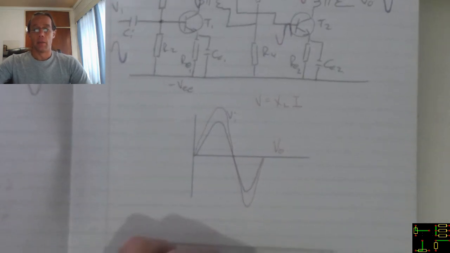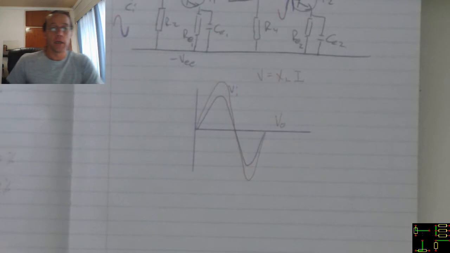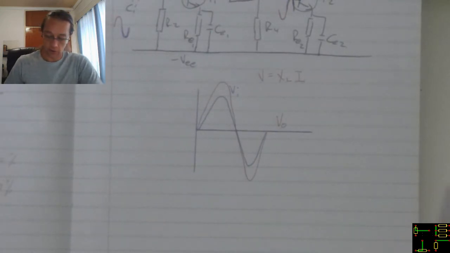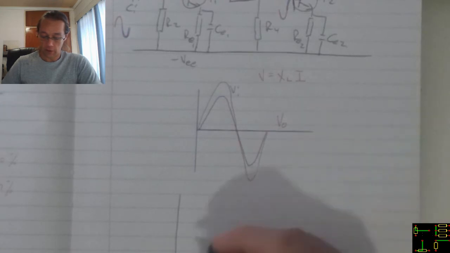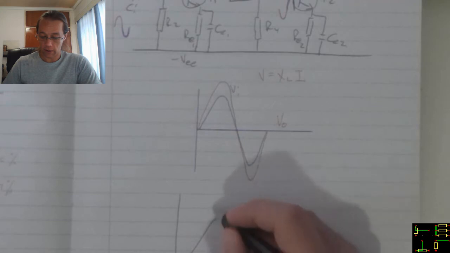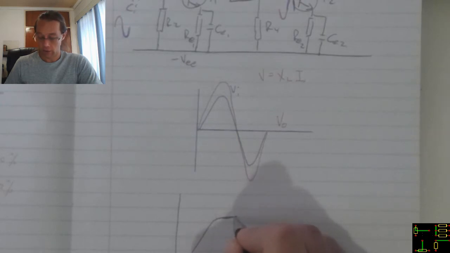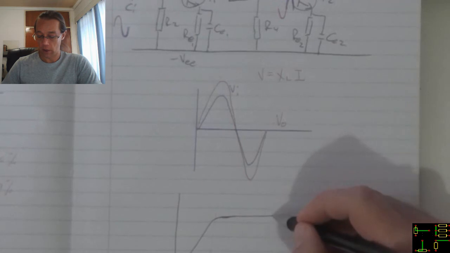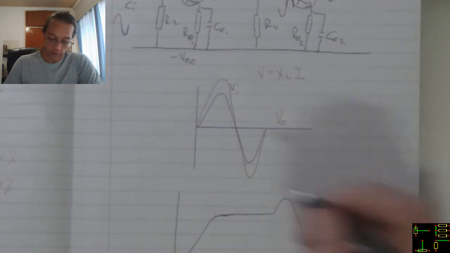The problem with the transformer coupled amplifier is its frequency response. If we look at the frequency response, we see that at low frequencies we get a low gain, and then at the mid-range we get a constant gain, and then we get to a point where we get a little peak like that.